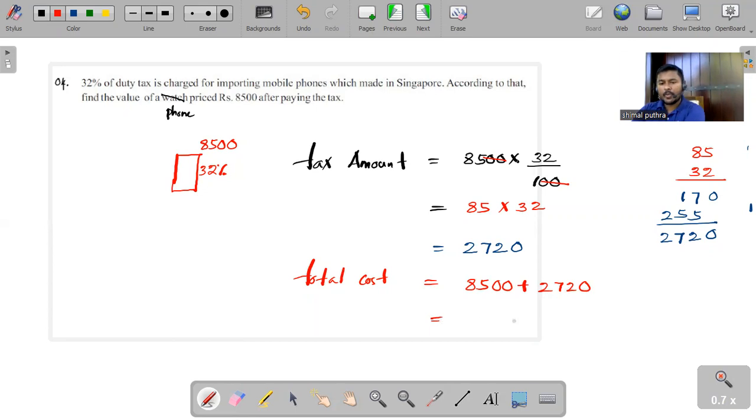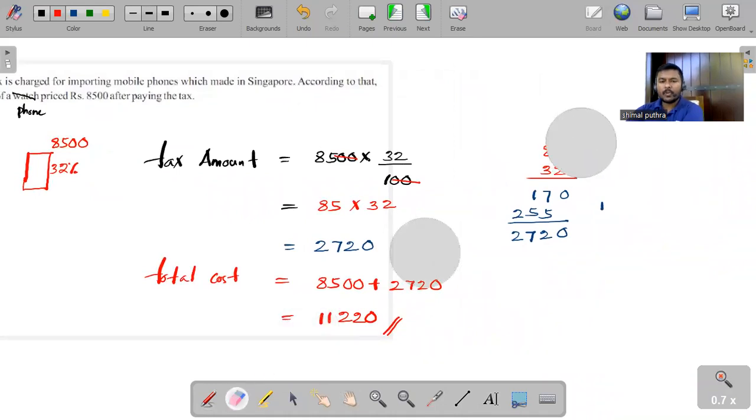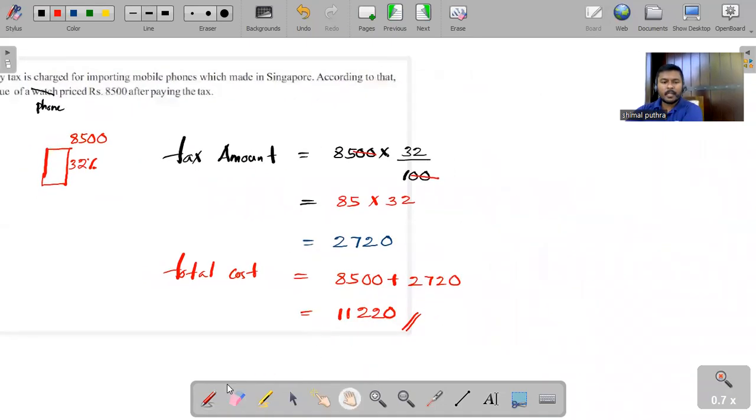So the final answer should be 11,220. This is the first method. Then let's move to the second method.